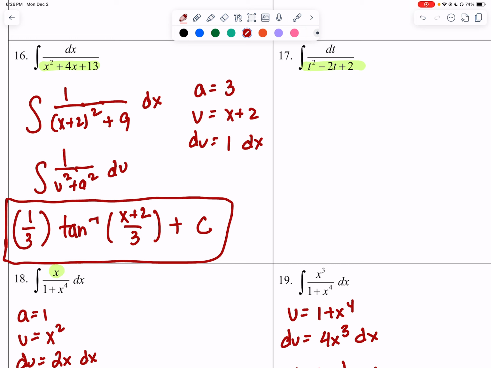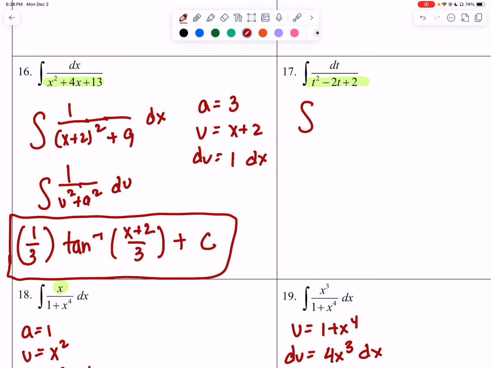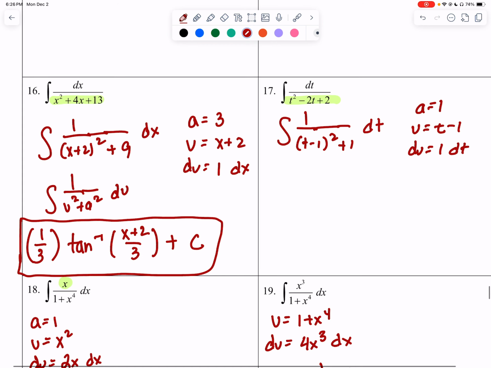Alright, so for number 17, we're doing the same thing. We have the integral of 1 over (t minus 1) squared plus 1 dt. Your a value is going to be 1. Your u is going to be t minus 1. And then your du is going to be 1 dt.